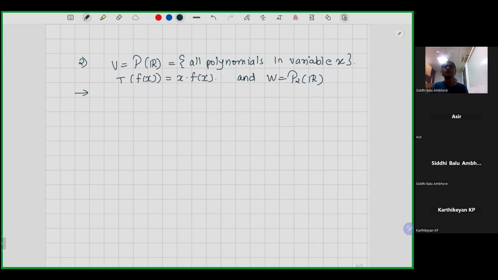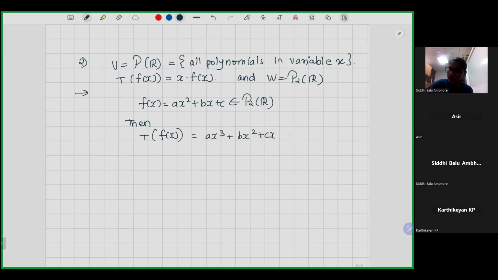It will be false. Okay, so this is not true, because if we take f(x) = ax² + bx + c belonging to P2(R), then T of f(x) is what? ax³ + bx² + cx, which definitely doesn't belong to P2(R), because this is a degree 3 polynomial.